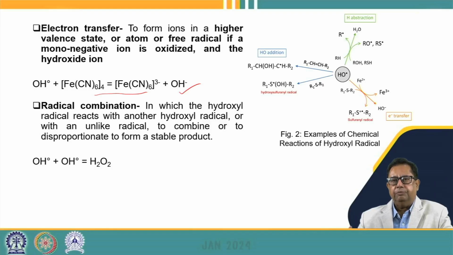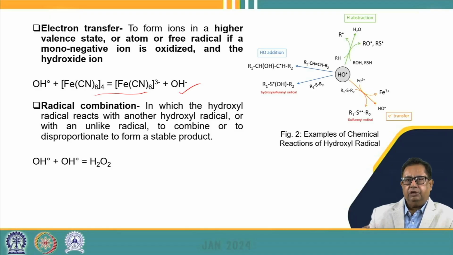For example, suppose we are having chromium 3, so chromium 3 can be oxidized to chromium 6 in this case, and that may result in a highly toxic compound. Or we can also have conversion of ferrous to ferric.